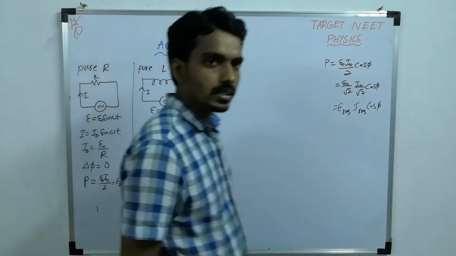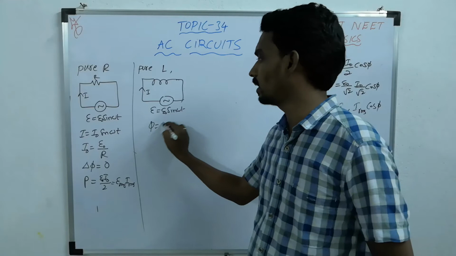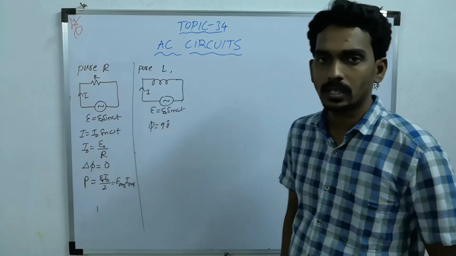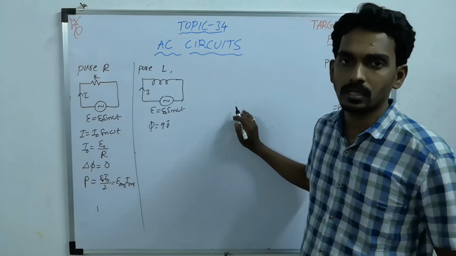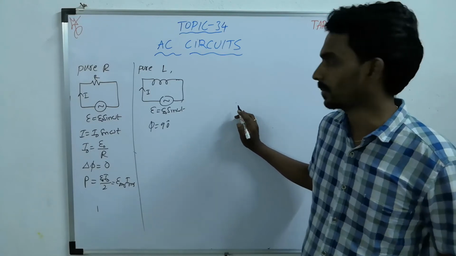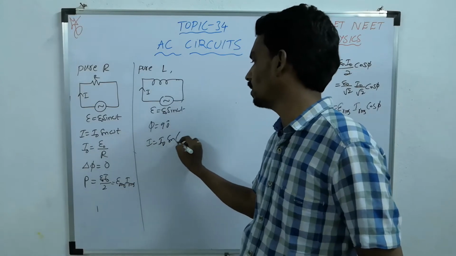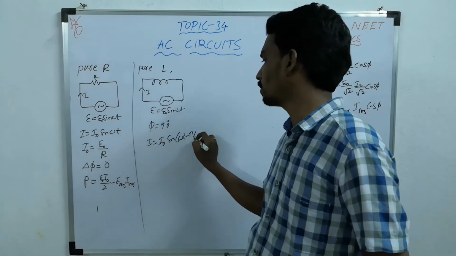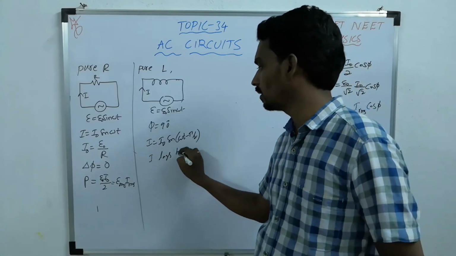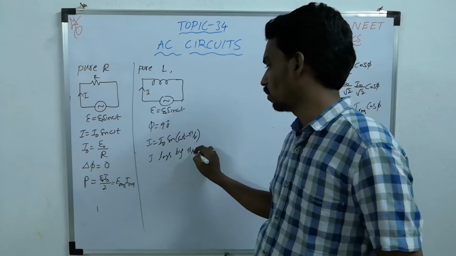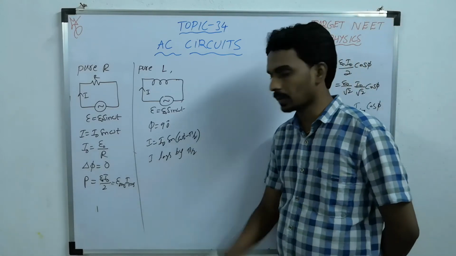But in the case of an inductor, there is a phase difference of 90 degrees, and here the EMF dominates. That means the current equation is I naught sin omega t minus pi by 2. So current lags behind voltage by pi by 2. So the phase difference is pi by 2.